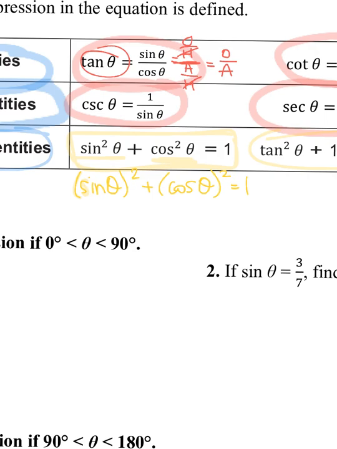And so, if we know that sine square theta plus cosine square theta is equal to 1, I can easily derive the second Pythagorean identity from this by dividing everything by cosine square theta. So let me go ahead and divide everything by cosine square theta.